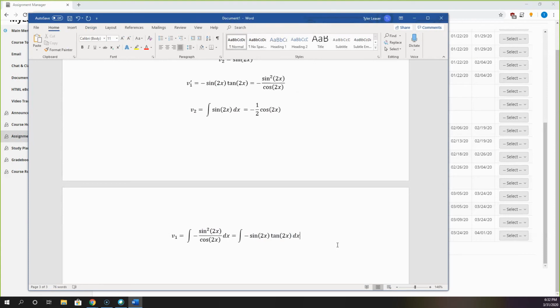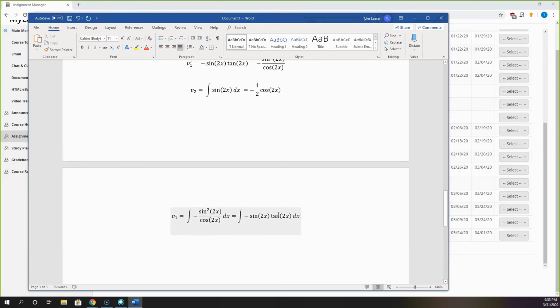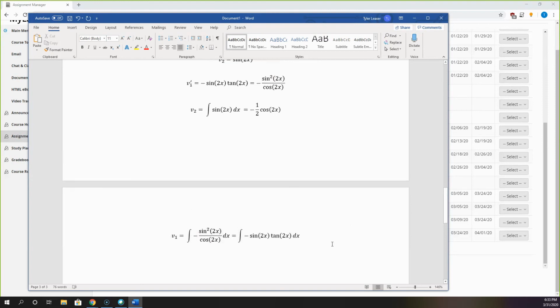Secant. Because these are multiplied, you couldn't break it apart. And you still can't do a U substitution, can you? Not with either of these, no.